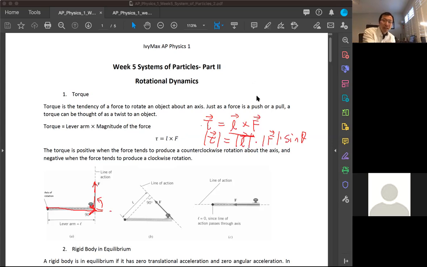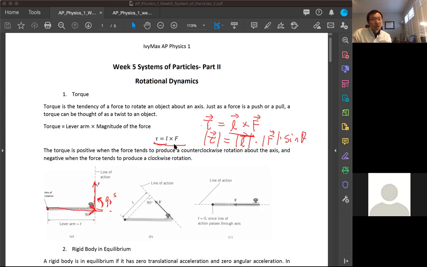Okay, so just like this case, if the L and the F are perpendicular, which means that the angle between them is a right angle, 90 degrees, then we know that sine theta, which is sine 90, is 1. So we're just doing the product of the lever arm and the F. This is why it can be shortened, or abbreviated, into that easier case.